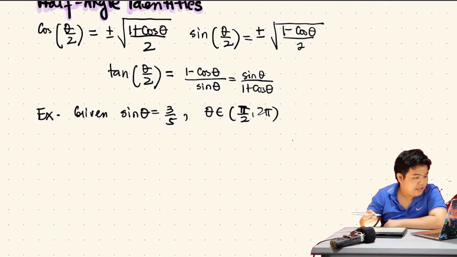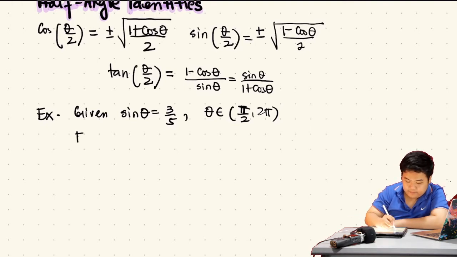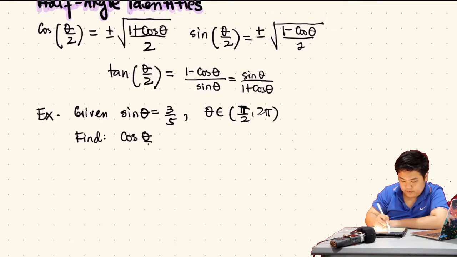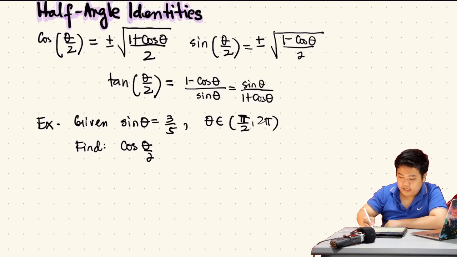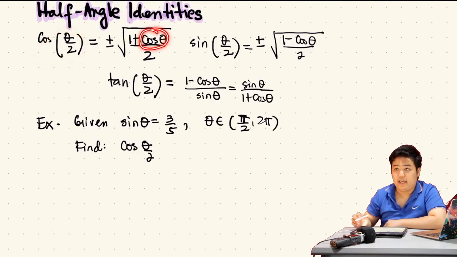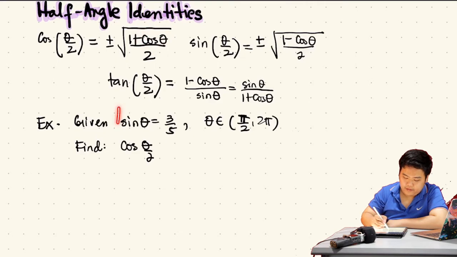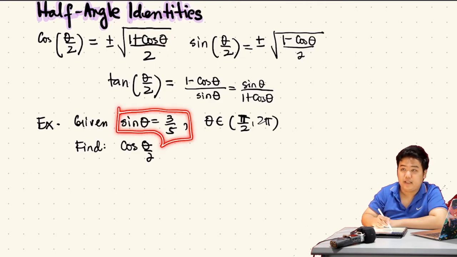Ang hahanapin daw ay cosine theta over 2. Okay? So, to find cosine theta over 2, kailangan natin ng cosine theta. Okay, so from here, we will compute cosine theta using sine theta.